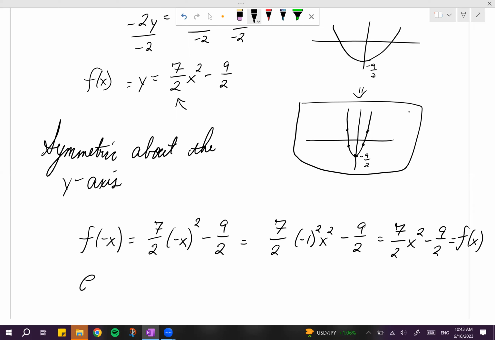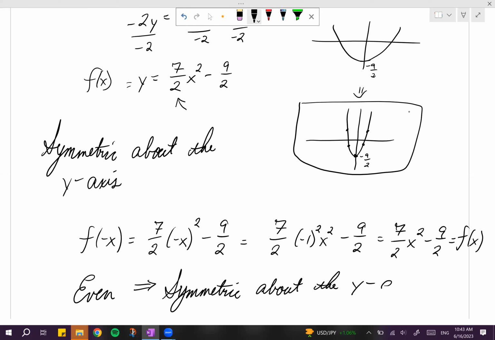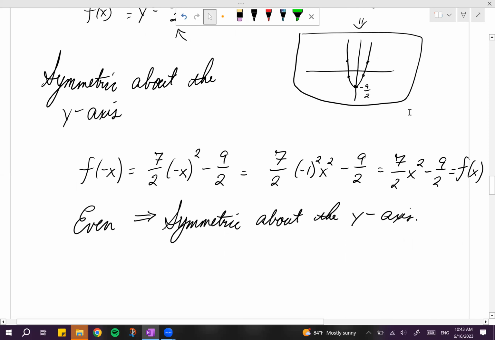So it's even, which means that it's symmetric about the y-axis. If it was odd, it would be symmetric about the origin.